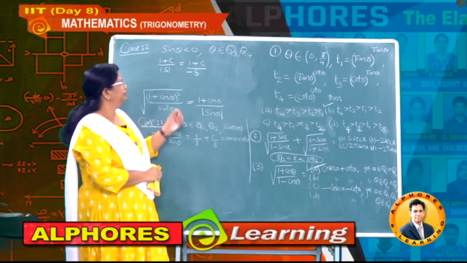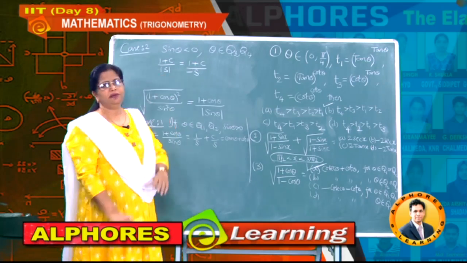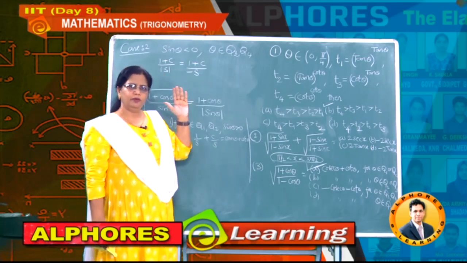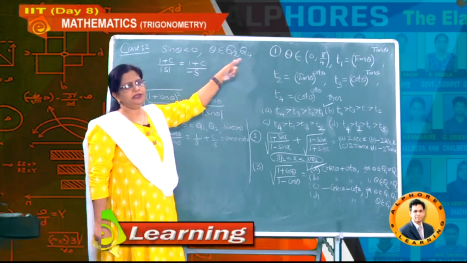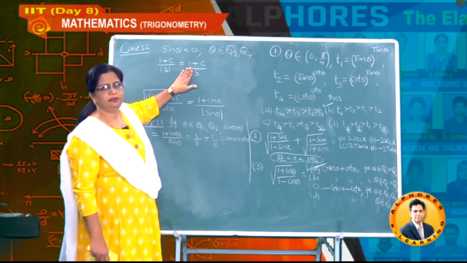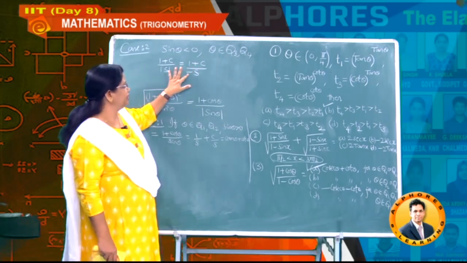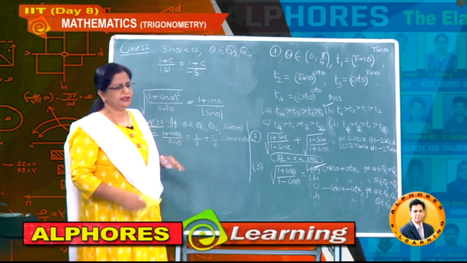Understand? Because the square root outcome finally should be positive. It should be positive. Now in these two quadrants sine is negative, and minus into minus will become plus.